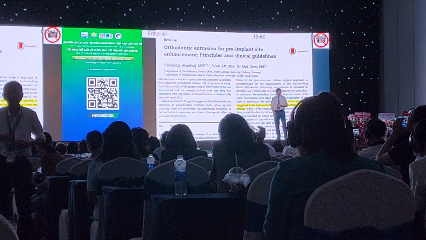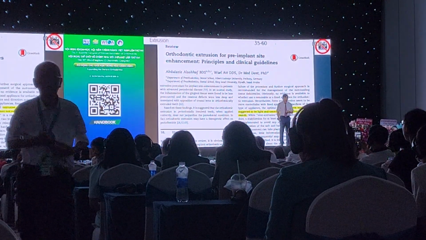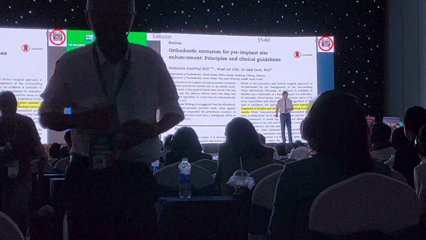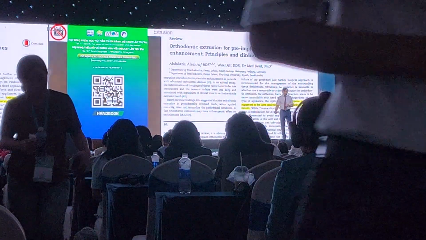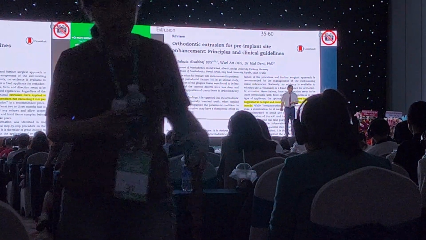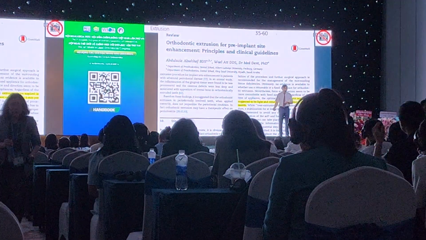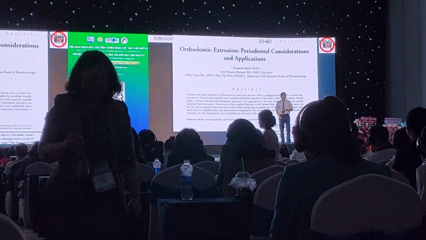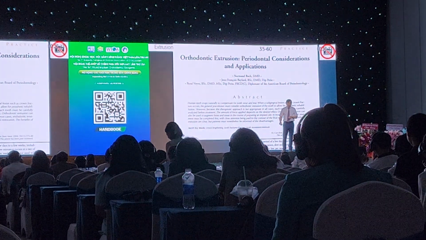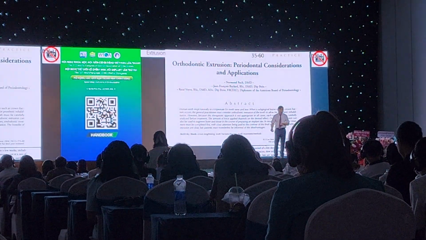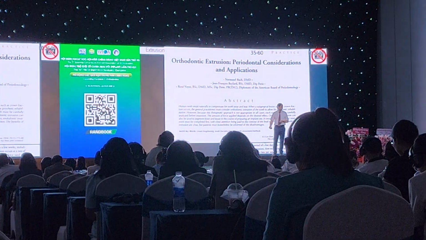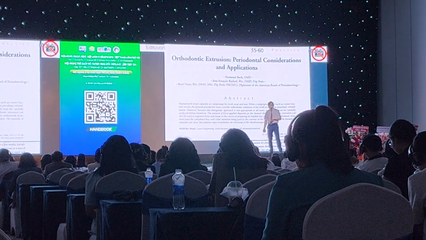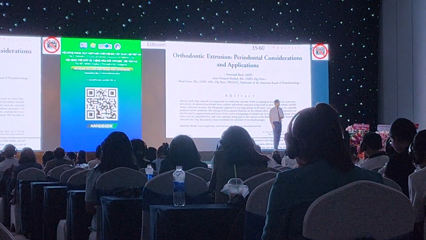And when we see on the article, we can see when we apply the force, we can extrude the teeth around 2 millimeters per month. And another article told us we can extrude the teeth 1 millimeter per week. That means in 1 month we can extrude the teeth 4 millimeters.